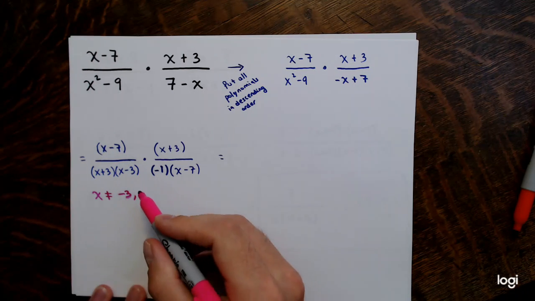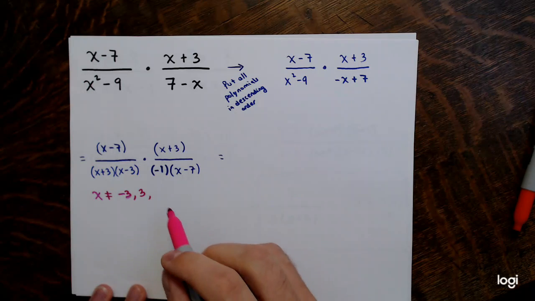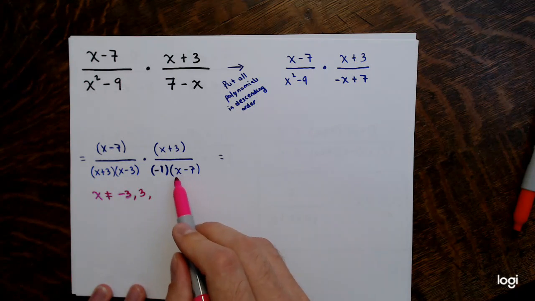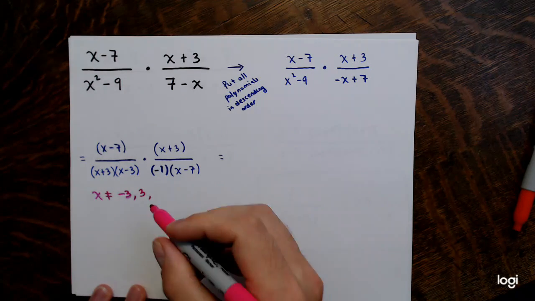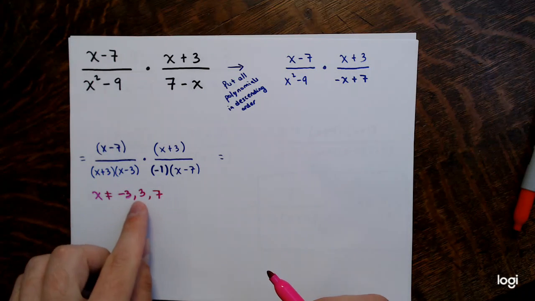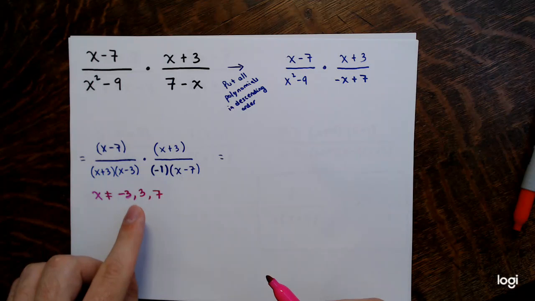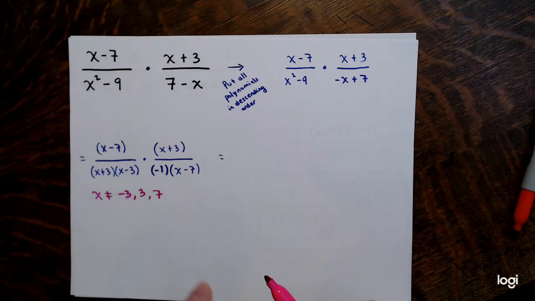I don't want that to be 0, so x can't be positive 3 either. The factor of negative 1, that'll never be 0, so I'm not worried about that. And then this factor of x minus 7, if I plugged in 7, that would be 0, so x can't be 7 either. Alright, so I'm pointing out all the values I cannot plug in when I check later if my statements are correct. Can't use negative 3, positive 3, or positive 7. But anything else would be fine.